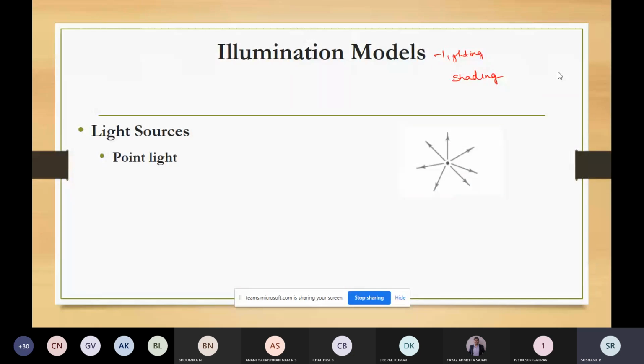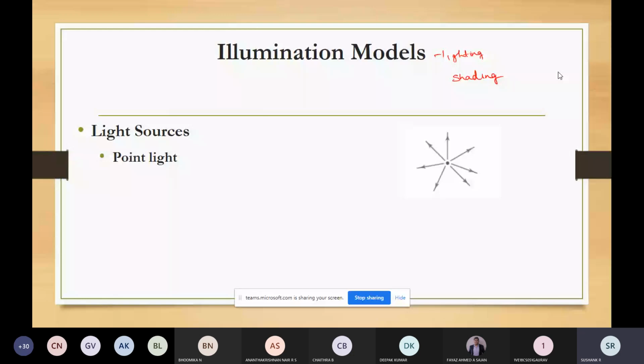A natural example is sunlight, which emits energy. Artificial light sources can be a candle, a laser, or incandescent lamps or bulbs. Any object emitting radiant energy, we will call a light source.